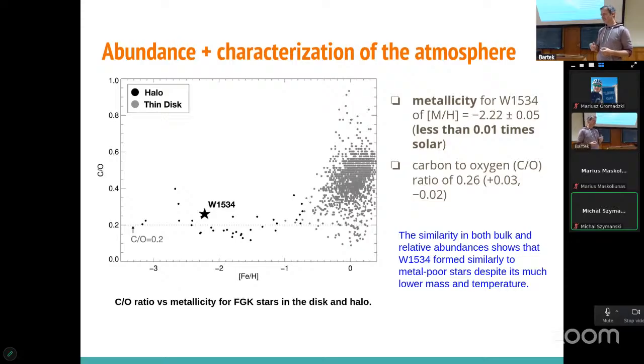And in that case, the silicon can be bound to other elements, most likely oxygen and magnesium. And in that form, it forms heavier condensate grains, which sink down to deeper layers of the atmosphere, which could not be seen.